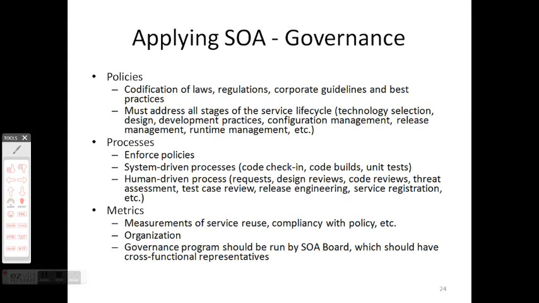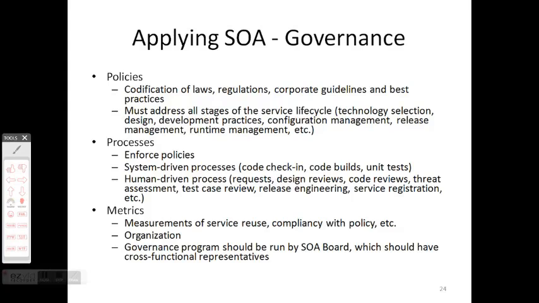To do that, we need to have policies, and the policies we need for our governance apply to different layers of different types of software. So for different types of software and different layers of service, we need different policies.